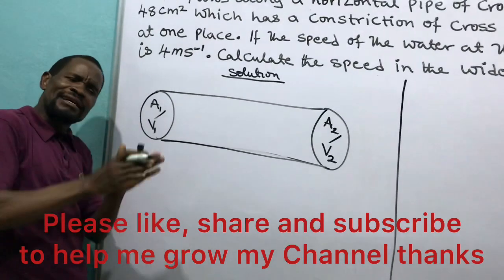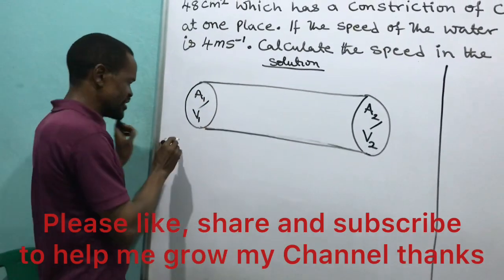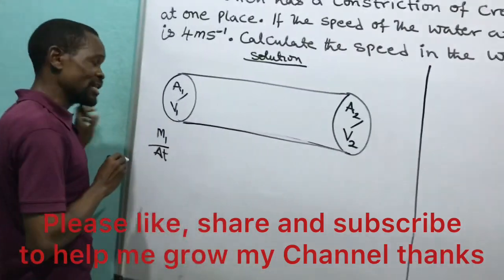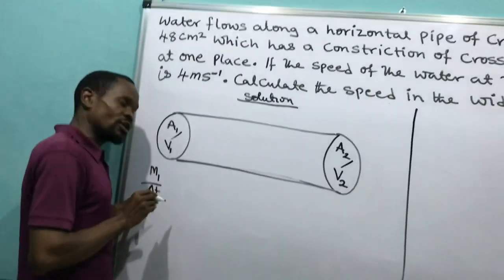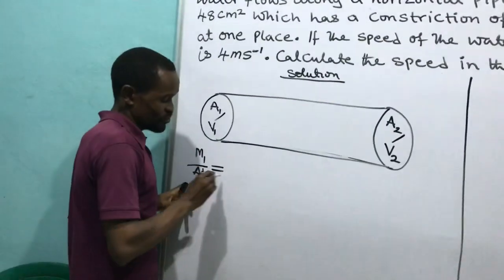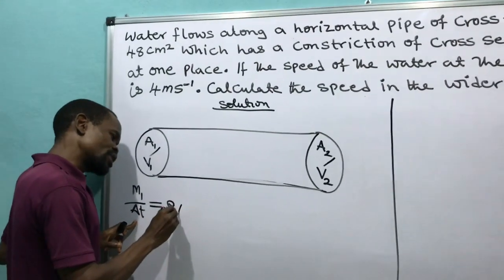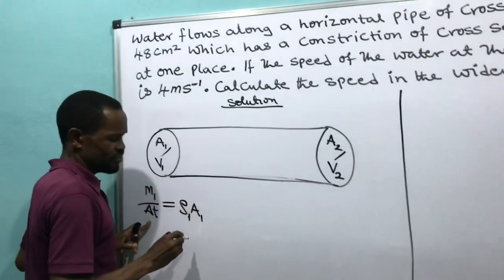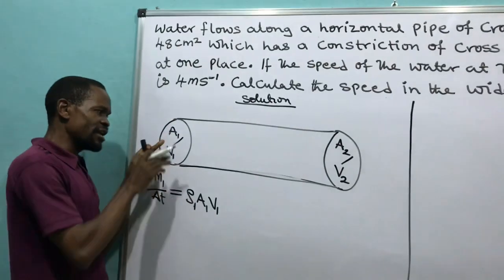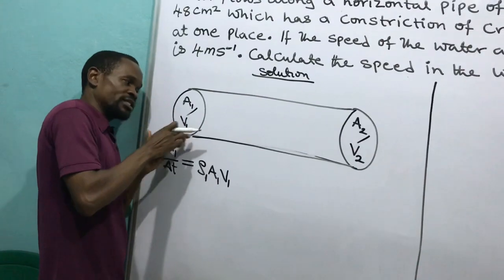The mass per second of fluid passing through this area, mass 1 over change in time, is equal to the density of the fluid times the cross-sectional area of the tube times the velocity of the fluid at that point.